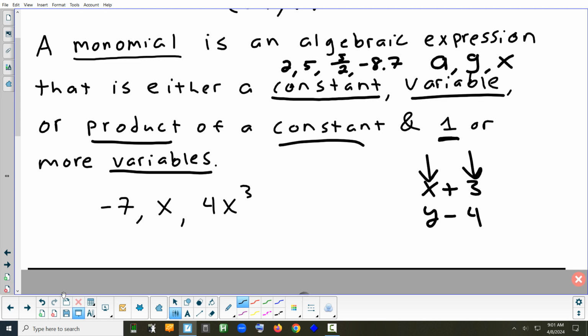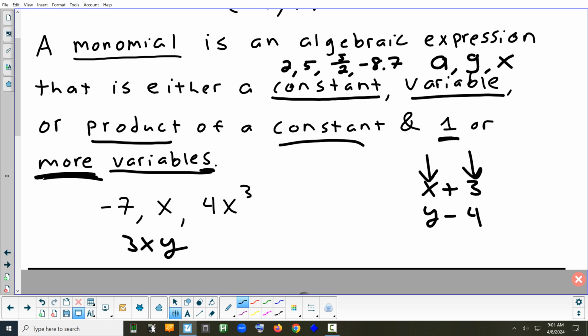How about something like this? 3x, y. Is that a monomial? No. Why not? Because there's multiple variables. Well, is it okay to have more than one variable? No. So the product of a constant and one or more.